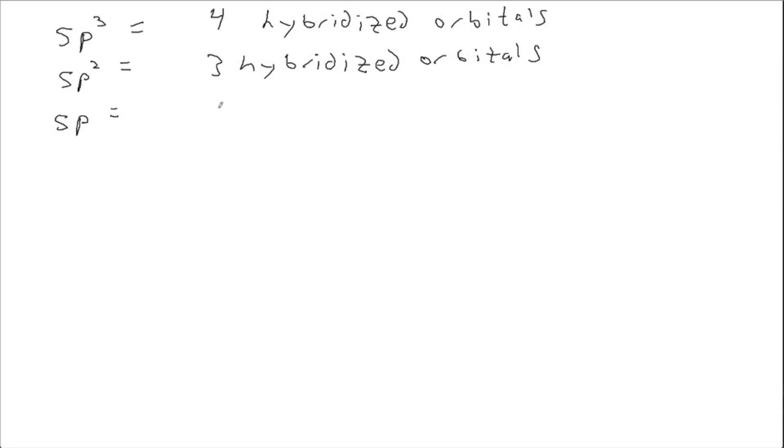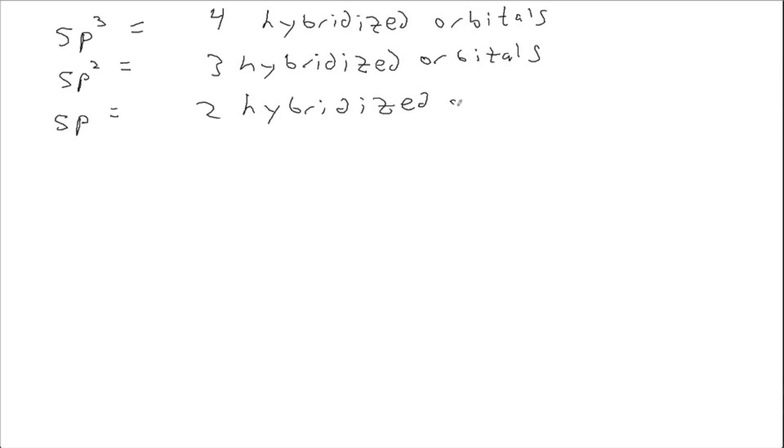Sure, take your time. Is it 1p and 1s? Very good. So what's the total number of hybridized orbitals? It's 2. That's right.